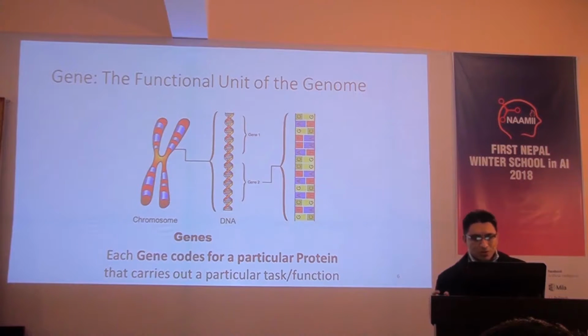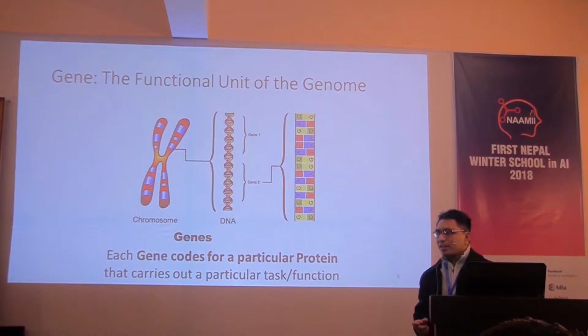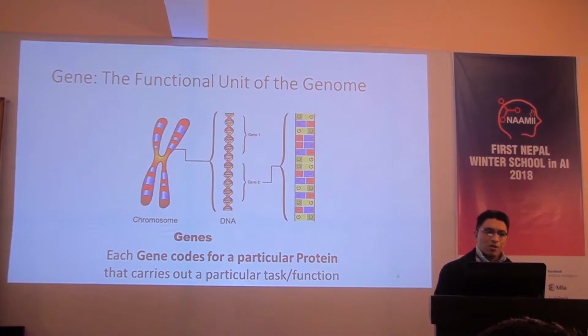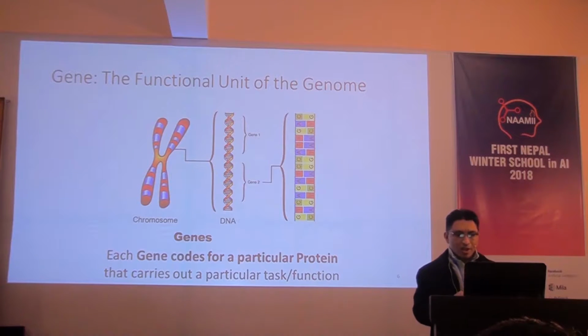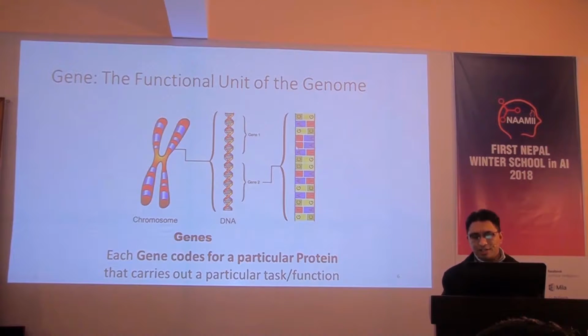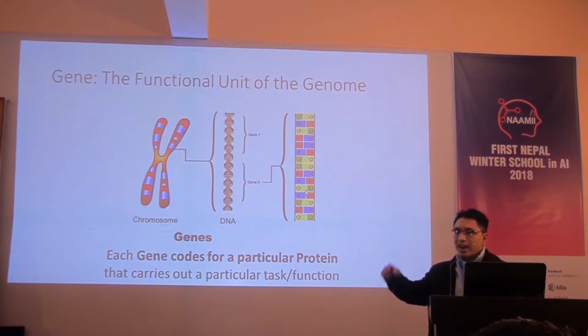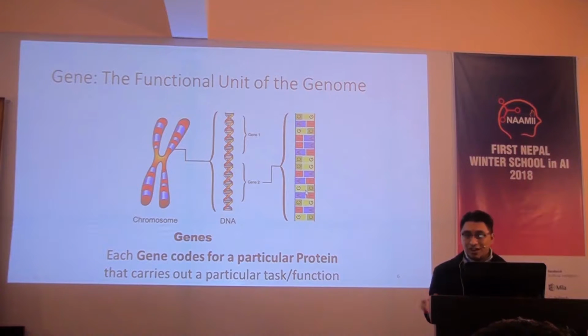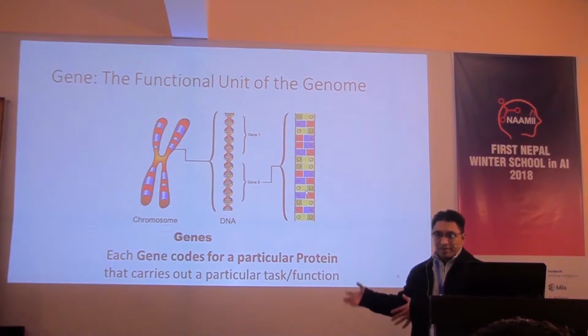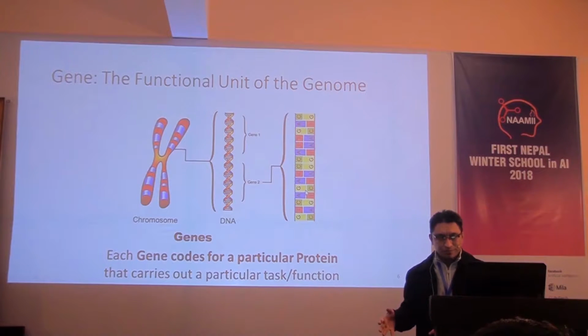A gene is a segment of DNA that codes for a particular protein, right? A gene is basically a combination of different A's, T's, C's, and G's, and this gene leads to a particular protein. So each gene carries out some essential functions, and that function is carried out by a particular protein.